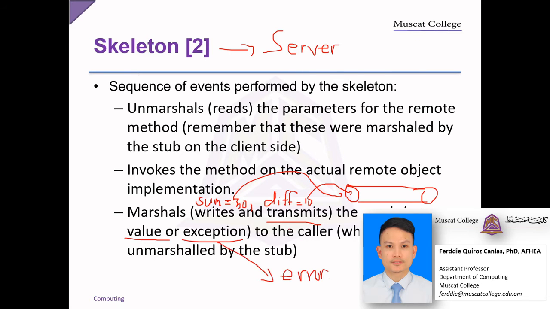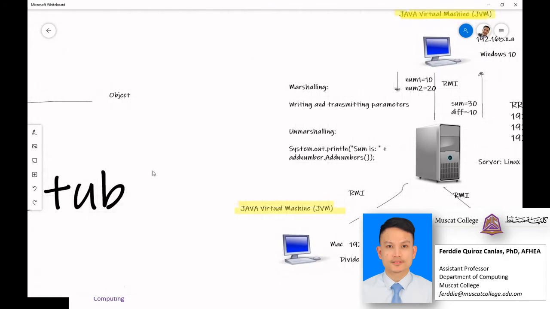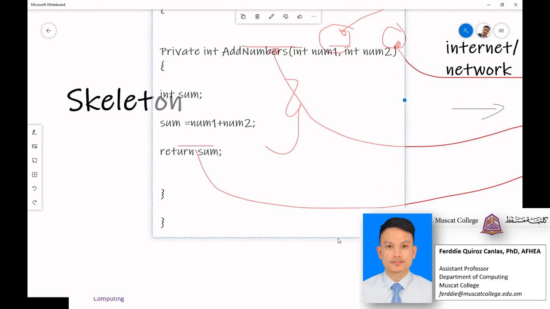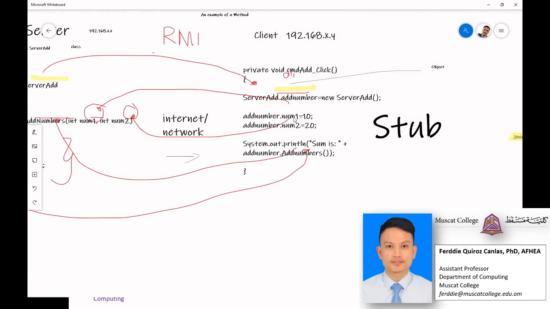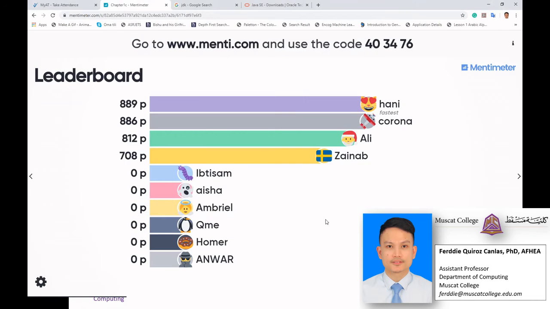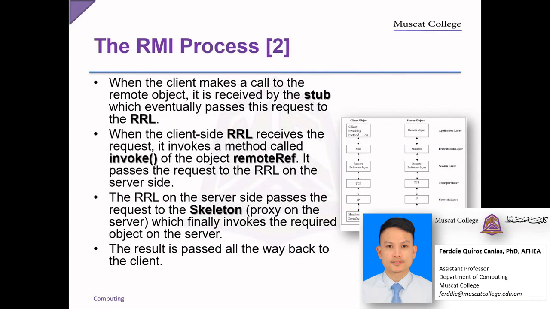If the client made a mistake in the code here, it should give a warning in this portion. Clear? If there's something wrong here, it should return the value in there. The RMI process is like this. So you will see this representation here.